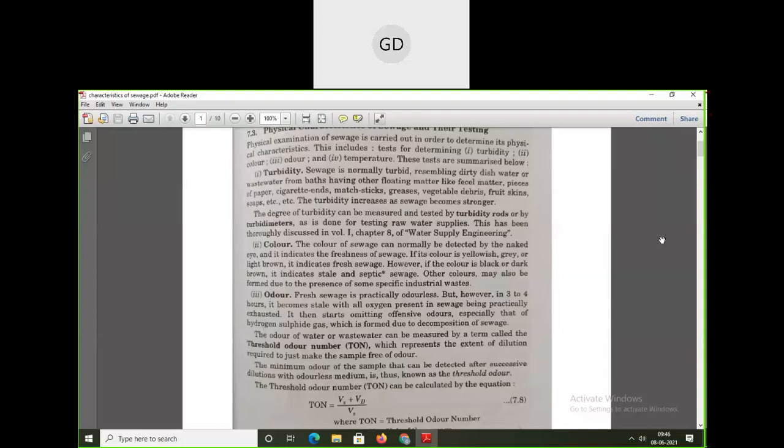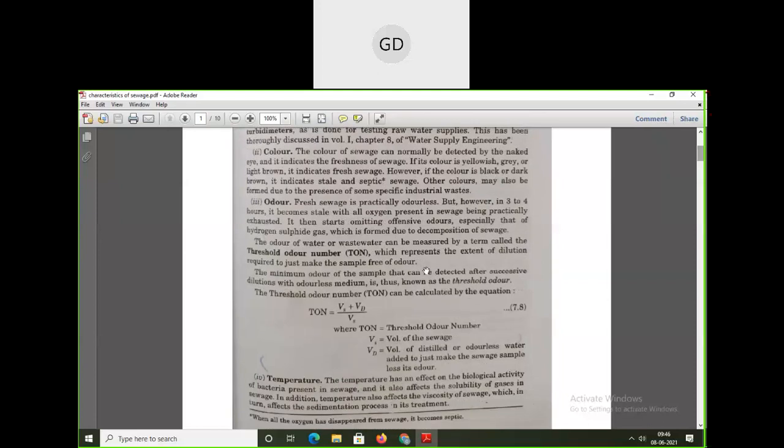After you keep the sewage for some 4 to 5 hours, it will finally become stale. How does it become stale? When it is fresh, there is oxygen in the sewage. When it becomes stale, all the oxygen present in the sewage finally gets exhausted.